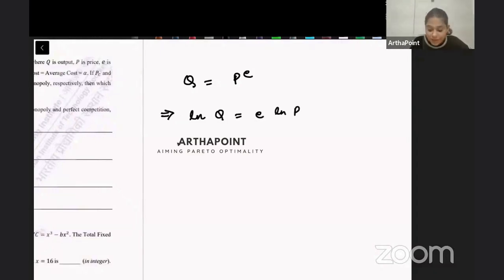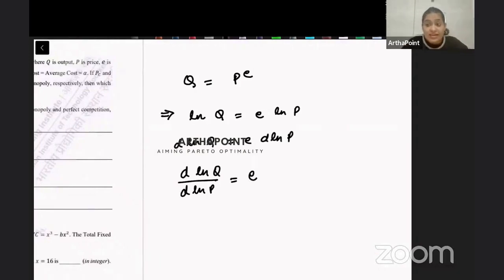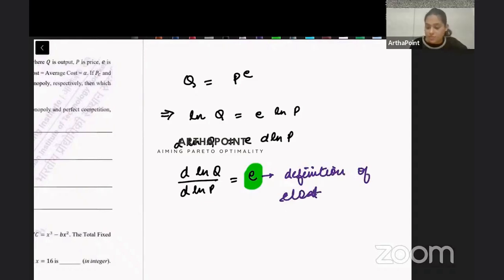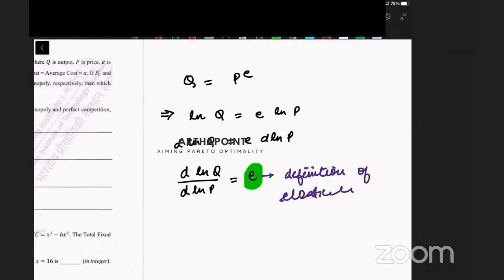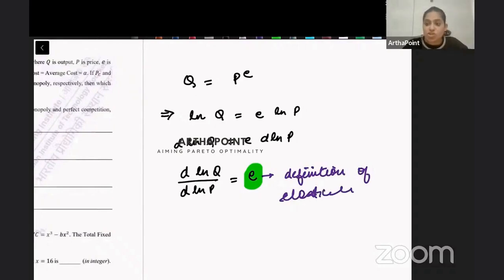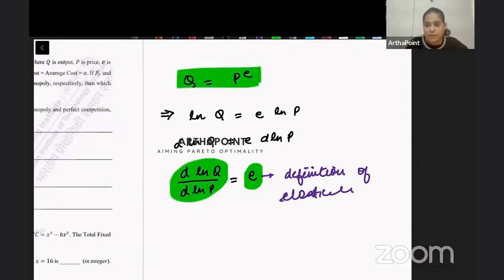Note that if I differentiate on both sides, then d ln Q by d ln P comes down to E. And exactly this is the definition of elasticity: percentage change in quantity due to percentage change in price, which you can write as d ln Q by d ln P. So this is correct. This is what they have mentioned here.